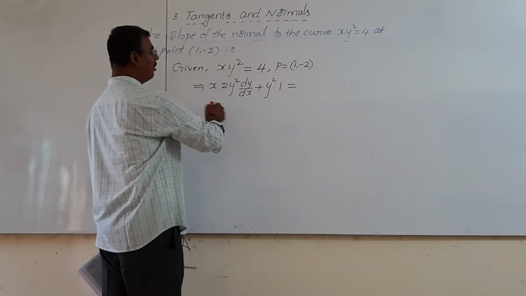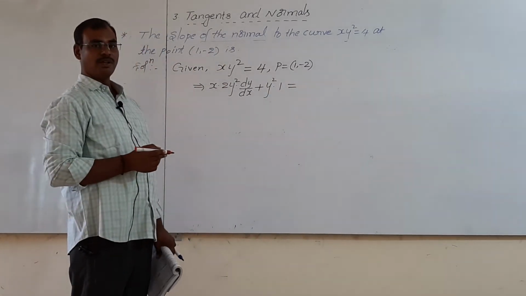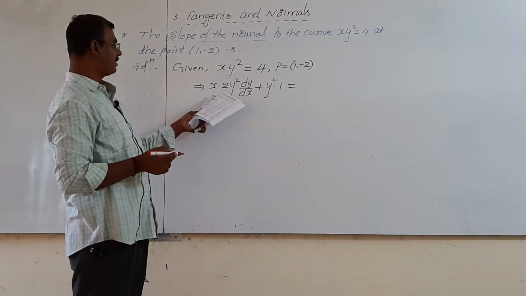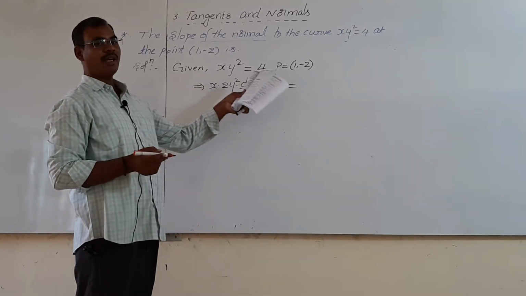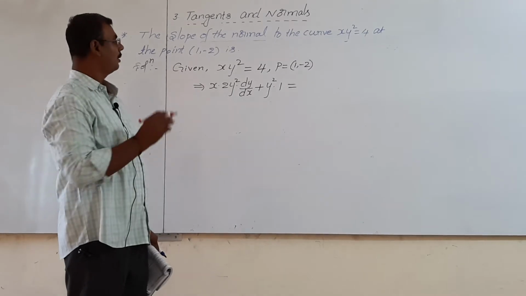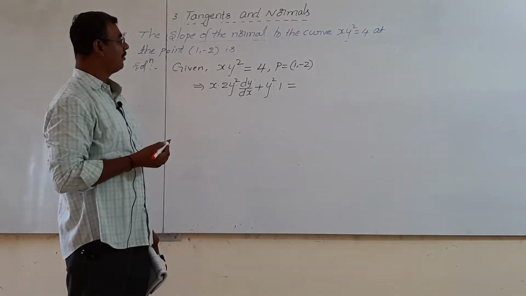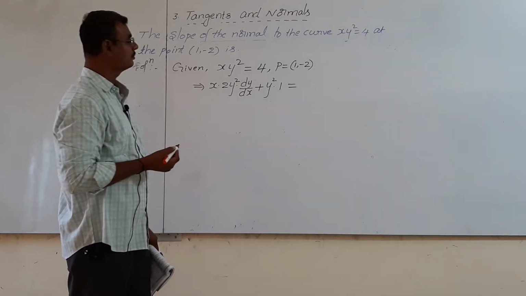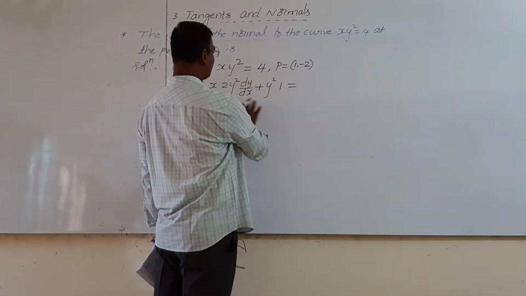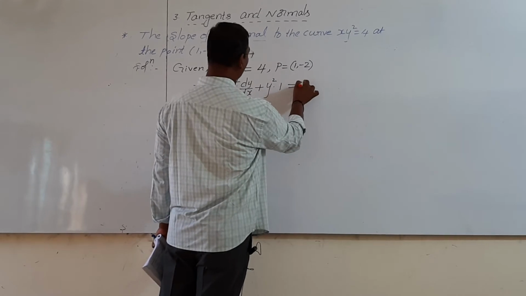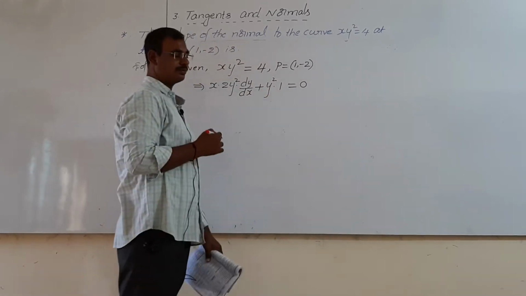So this is called the product rule. First function as it is, derivative of second function, plus second function as it is, derivative of first function. Derivative of constant is 0.